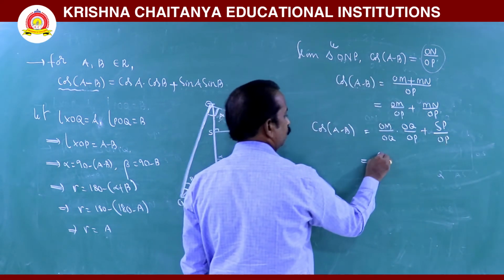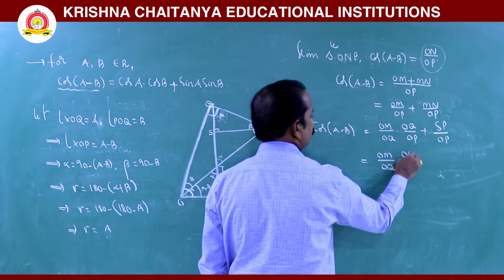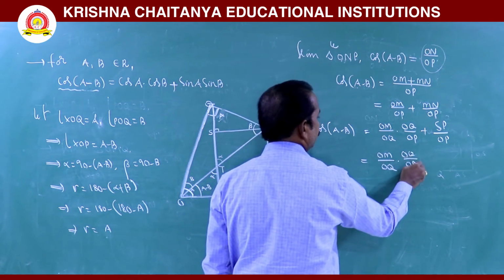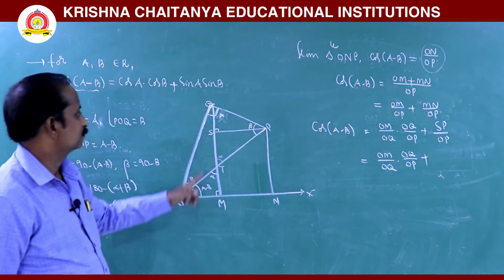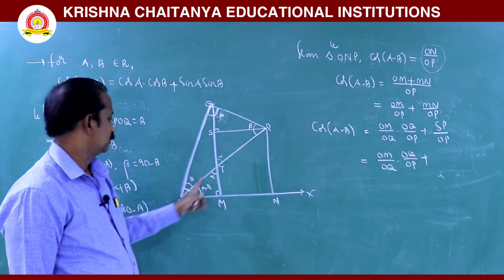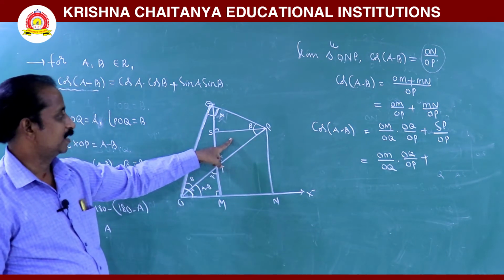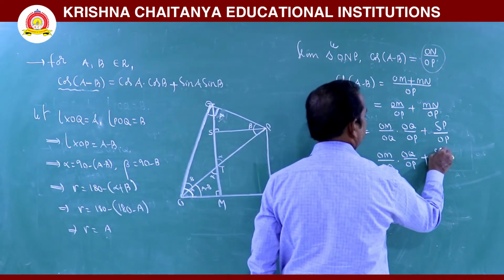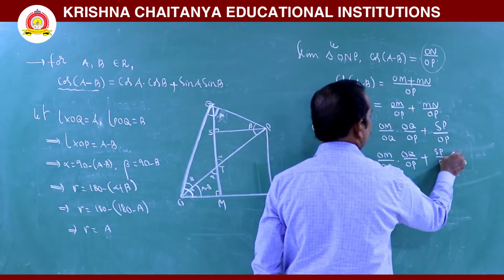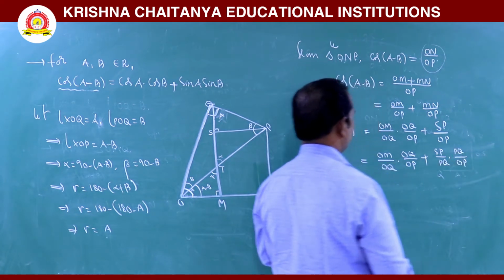So OM by OQ into OQ by OP plus SP by OP. This is SP, this is OP. Specific triangle is not mentioned, so we are arranging PQ: SP by PQ into PQ divided by OP.